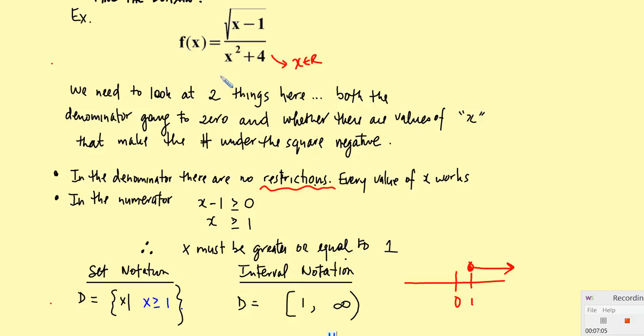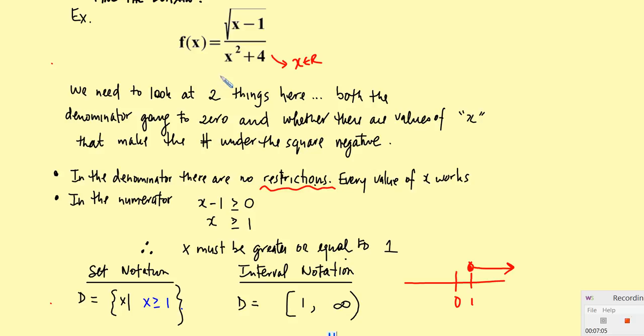Okay? And the one thing that I'm looking at immediately is my denominator, and I say, well, I've got x squared plus 4. Now, I am not allowed to have 0 in a denominator, but when I take a look at it, I notice that there is no value of x there that will ever bring my denominator to 0.